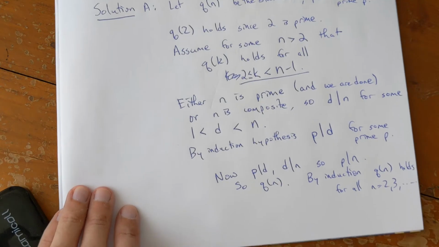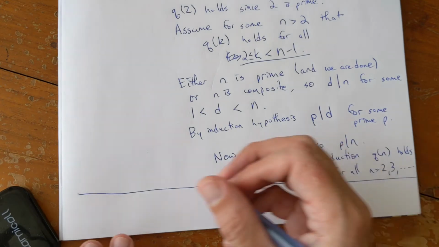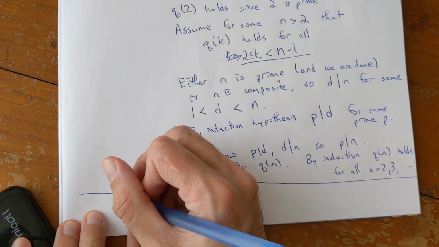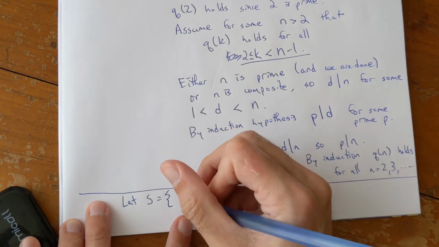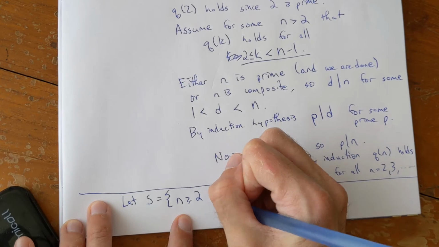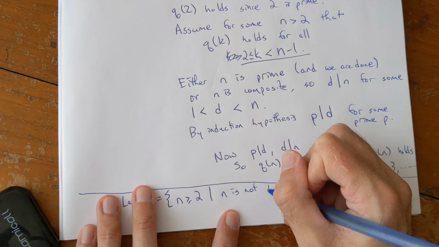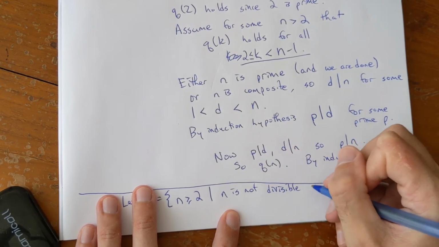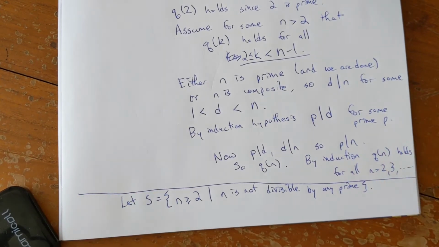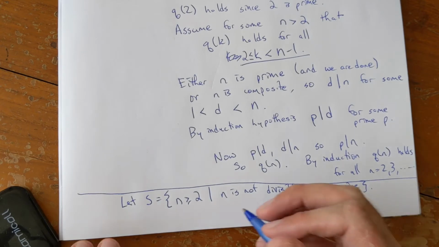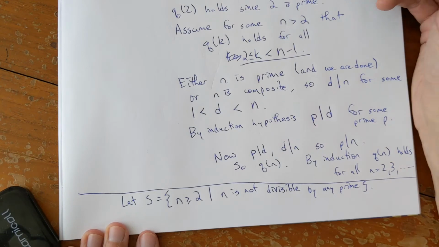Now in just this little space, we'll try and do it by the well-ordering principle. Let S be the set of n greater than or equal to 2 such that n is not divisible by any prime. If S is empty, then our statement is true, right?